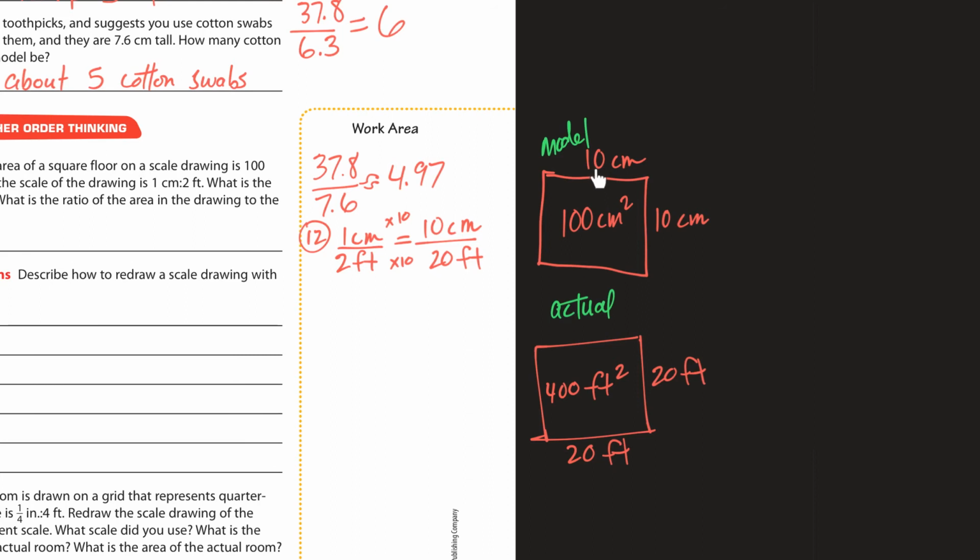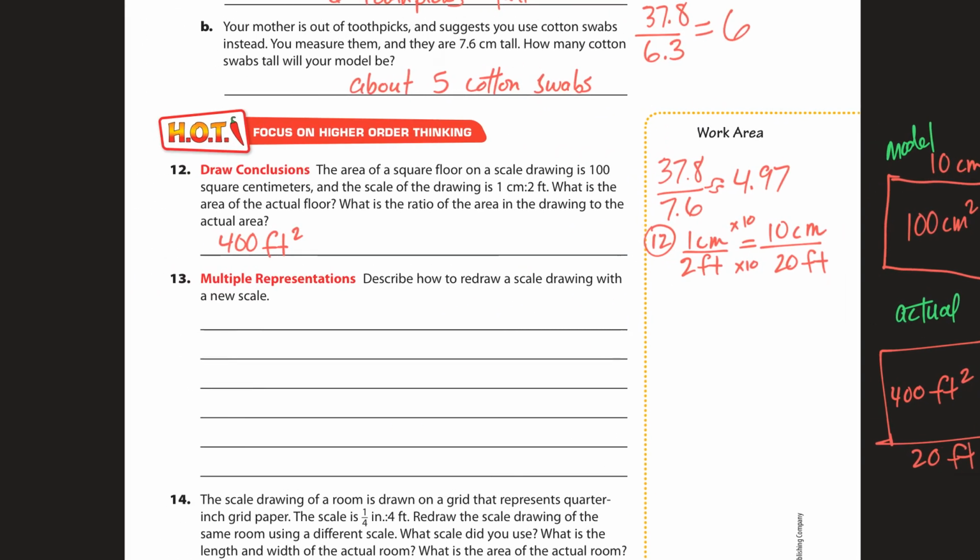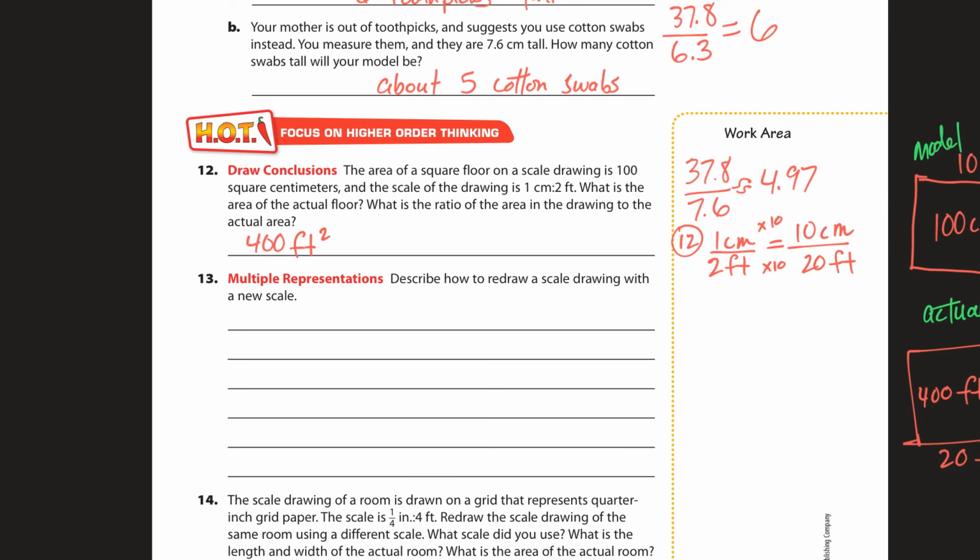One square centimeter to 4 square centimeters, because I'm taking 100 divided by 400. So the scale is 1 square centimeter is 4 square feet.